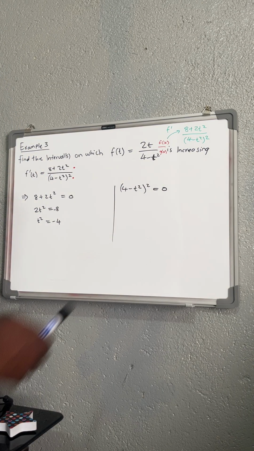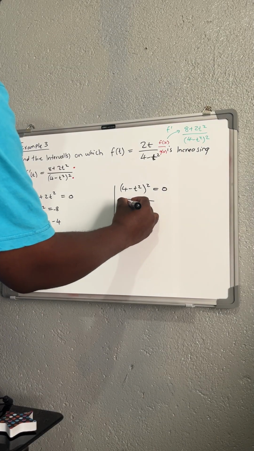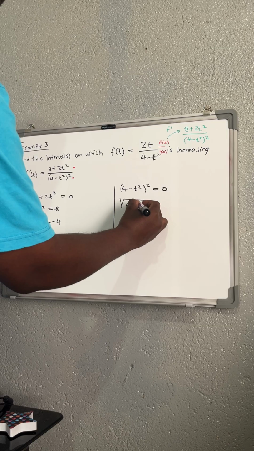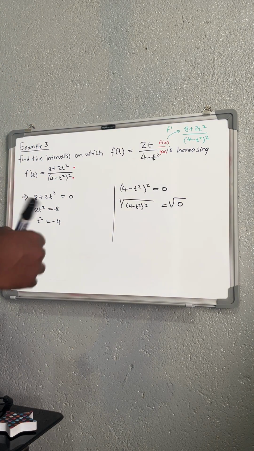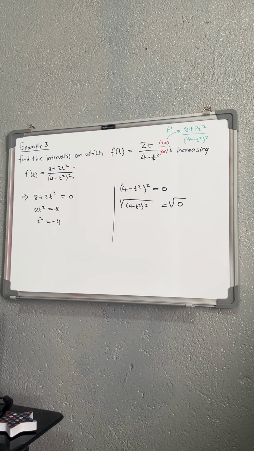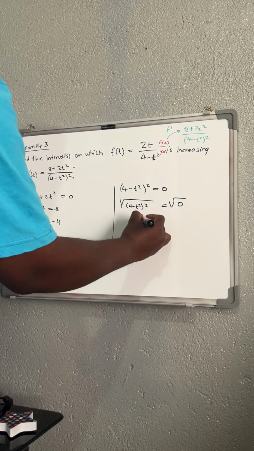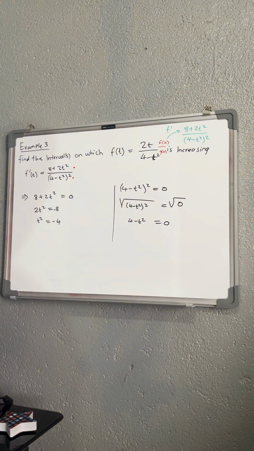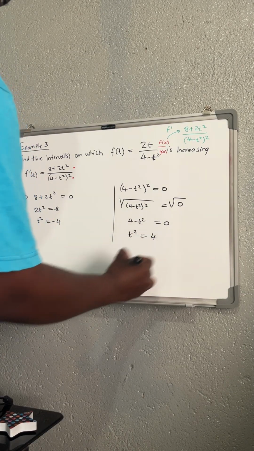Then we know in order to remove this one, we can take the square root of both sides. We're going to have your 4 minus t squared all squared, this is the same as having your square root of 0. Then this is going to be removed. We are going to be left with 4 minus t squared is equals to 0. Therefore, our t squared will be equals to 4.